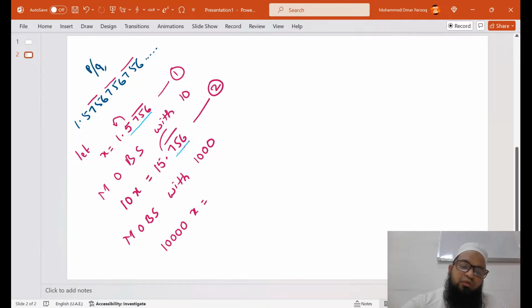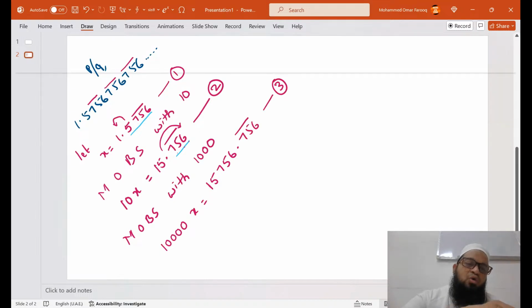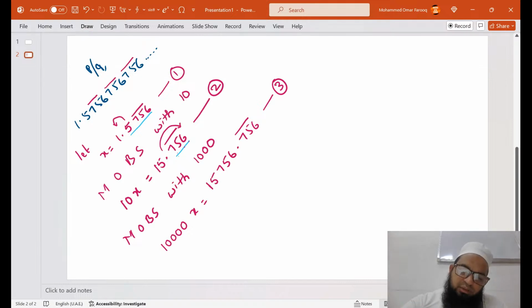The decimal moves three places. So it will be 15,756.756 bar. This is third. Now check, my dear students. So the decimal part in the second equation and third equation are equal.